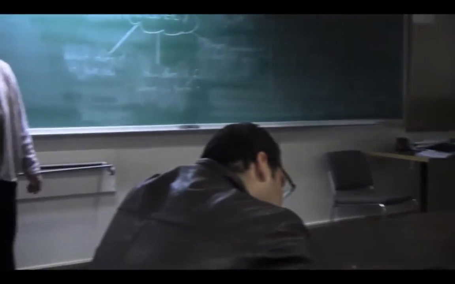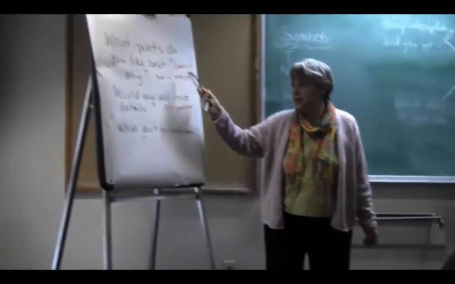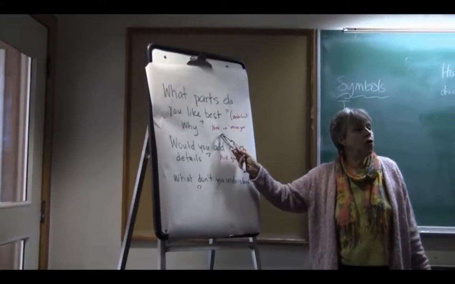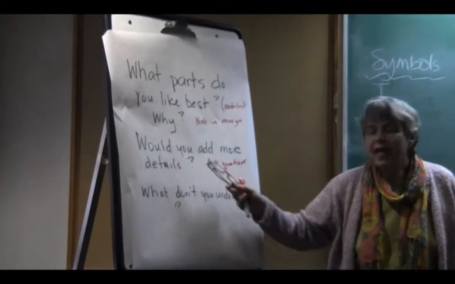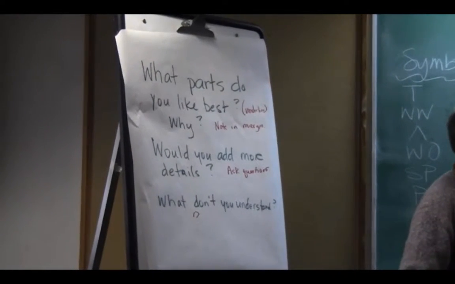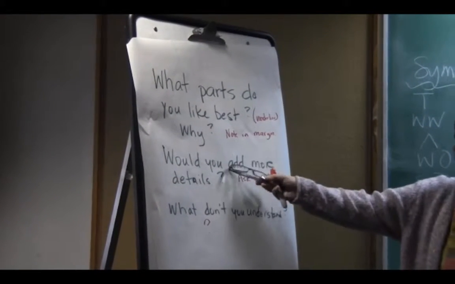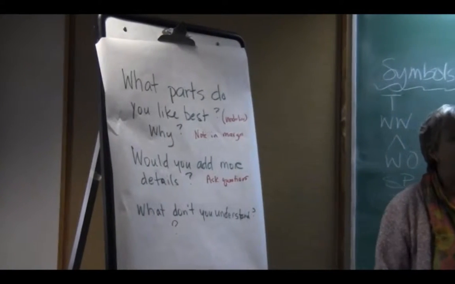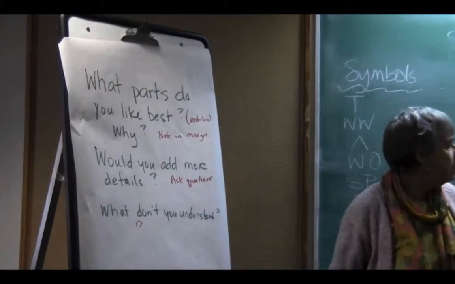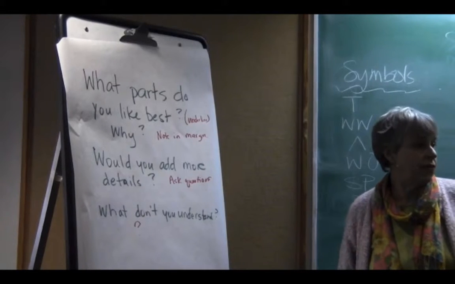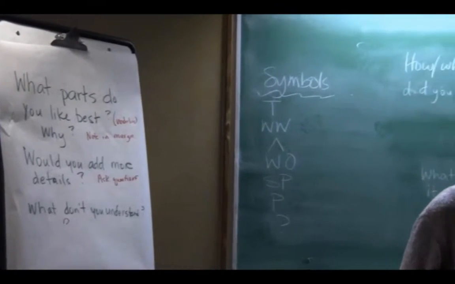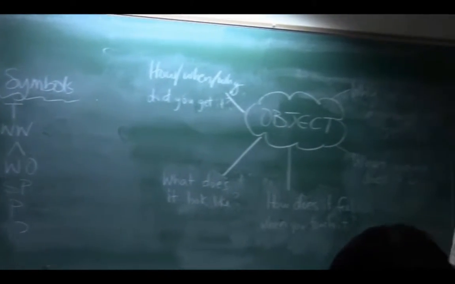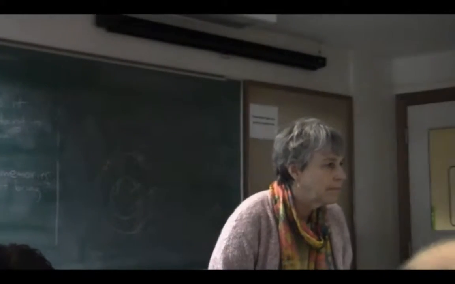So read it and find the part you like the best and underline it. And maybe make a note in the margin saying why. And then if you think perhaps all the questions are not answered, you can ask them to add more details. Tell me more about what it looks like, for example. And then if there's any part of the paper you don't understand, put a question mark beside the sentence.